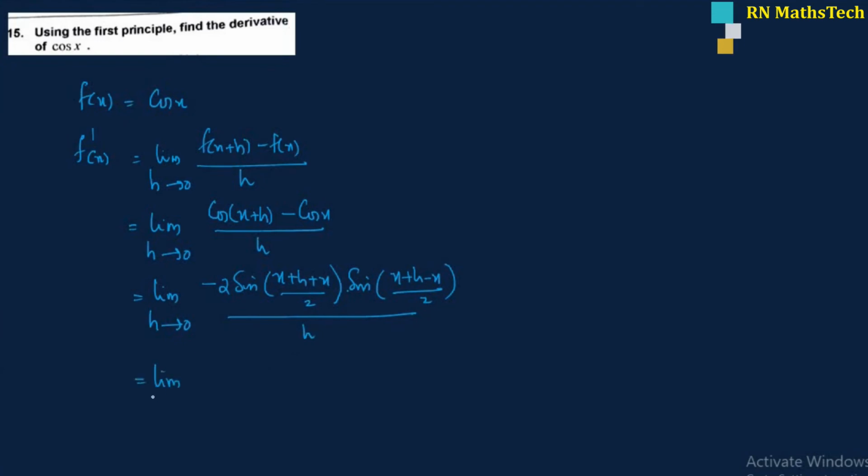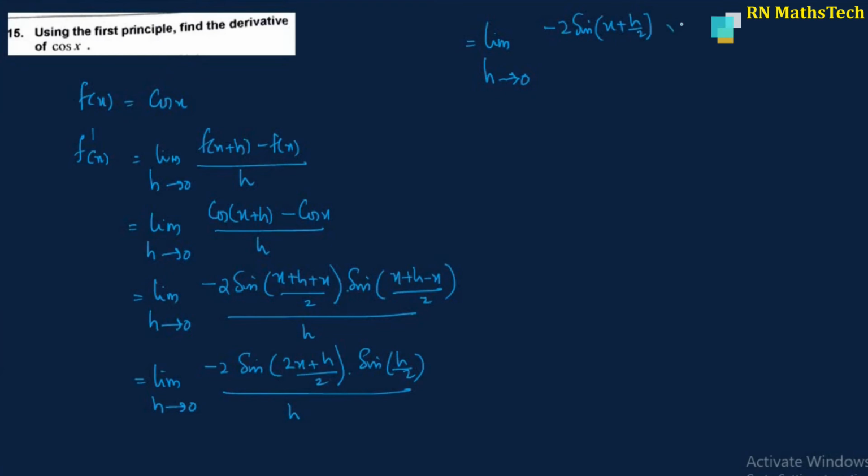equal to limit h tends to 0 minus 2 sin of 2x plus h by 2 into sin of h by 2 divided by h, which is equal to limit h tends to 0 minus 2 sin x plus h by 2 into sin h by 2 divided by h.